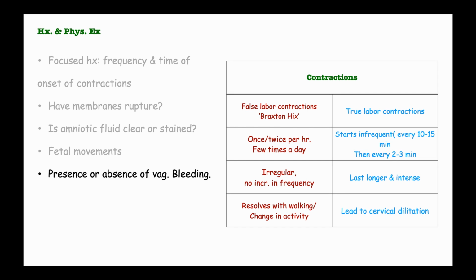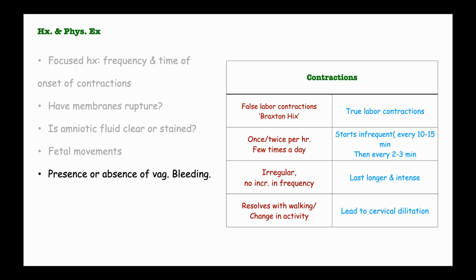So that is it. When we compare it to the true labor, what we find is that the contractions are accompanied by, or lead to, cervical dilatation. And so we must try and differentiate between a false labor contraction and true labor contractions.